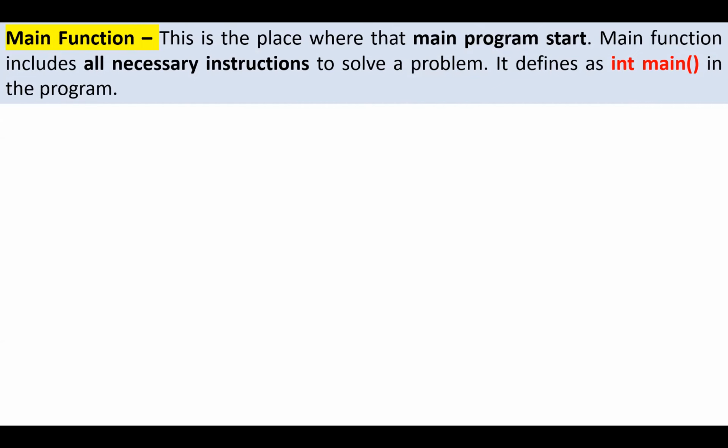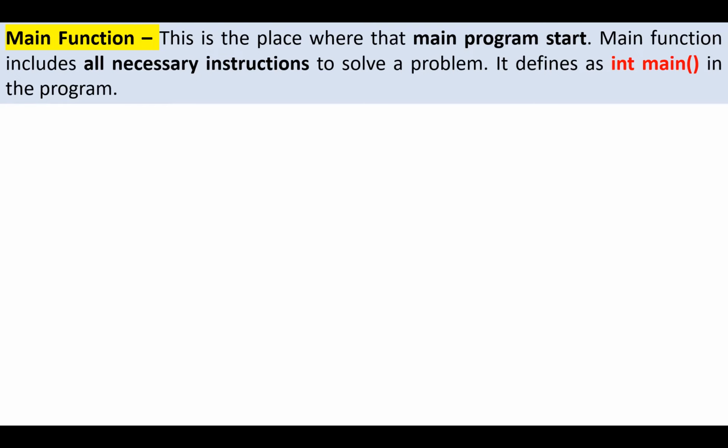The main function is defined here in red color. I am giving int main. That's the way you can start your main function. First type int, then main. C++ is case sensitive. It is not allowed to write it in capitals. All letters in simple. Int main.